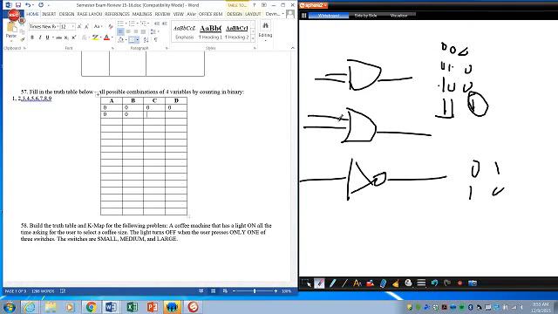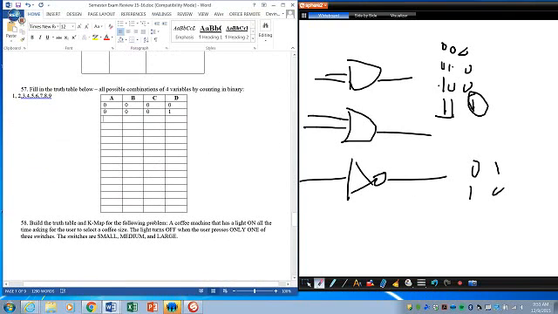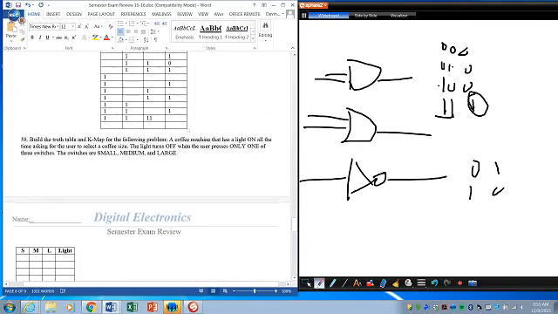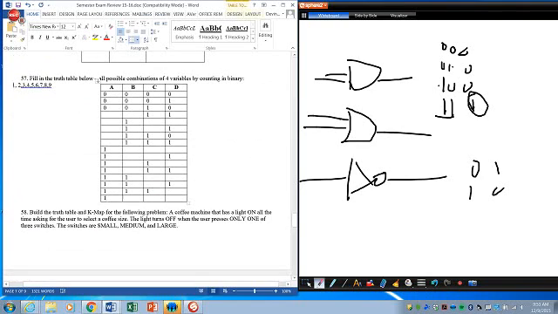Okay, 0, 0, 0, 0, 0, 1, 0, 0, 1, 0, 1, 1, 1, 1, 1. If you remember doing this, just setting up the truth table, okay? Everything else is 0. Okay, so that's how you count.